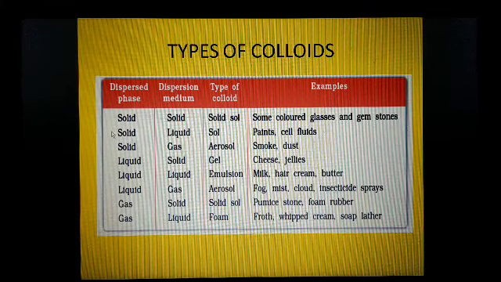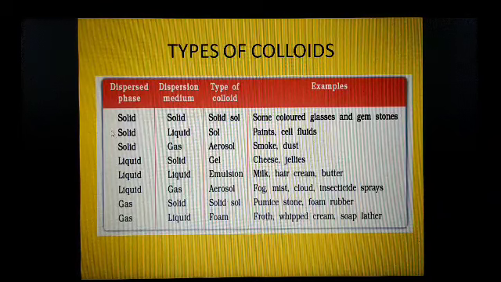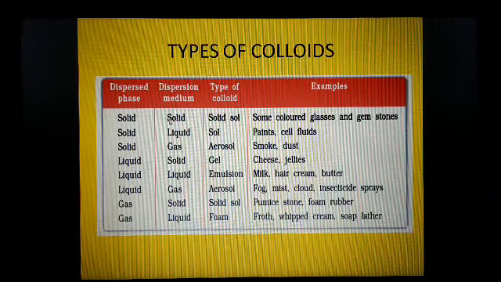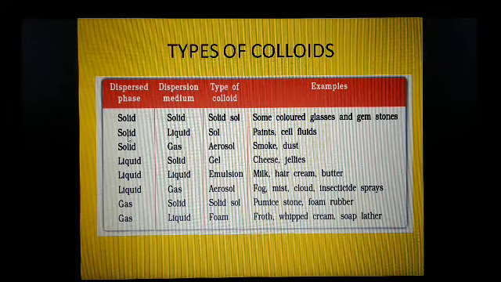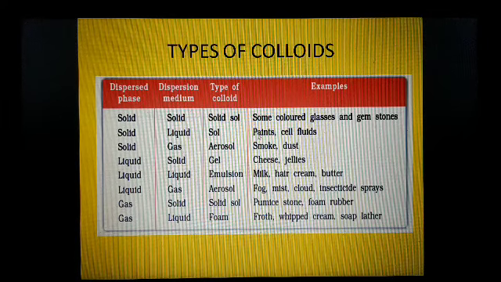Here is a table which shows different types of colloids with examples. First, solid in solid is called a solid sol. Some colored glasses and gemstones are examples. Second, solid in liquid is called a sol, like paints, cell fluids. Third is solid in gas, aerosols like smoke, dust.